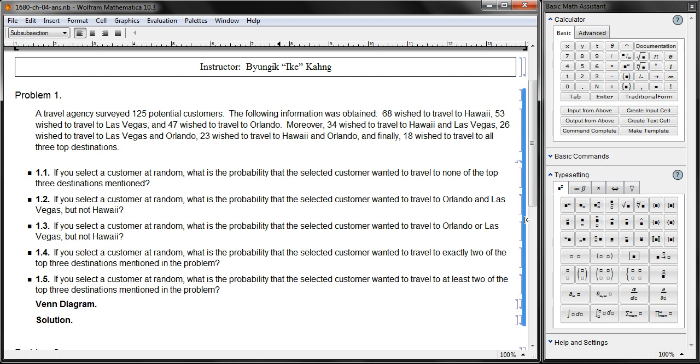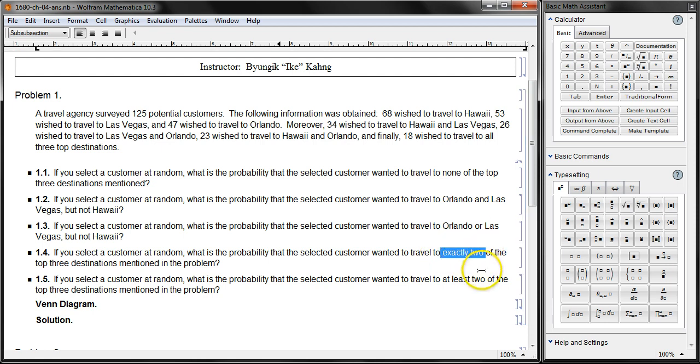Number 4, the probability that selected customer wanted exactly 2 of these top destinations. So Orlando and Las Vegas, Hawaii and Orlando, or Las Vegas and Hawaii, those kind of things. But not all three. 1.5 is a little bit different.